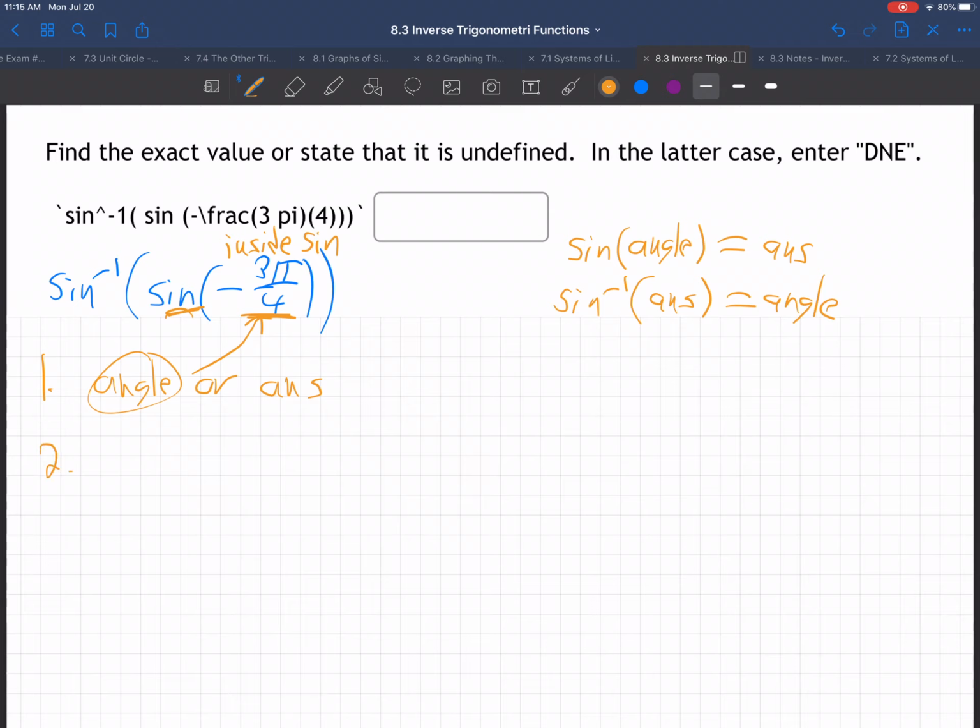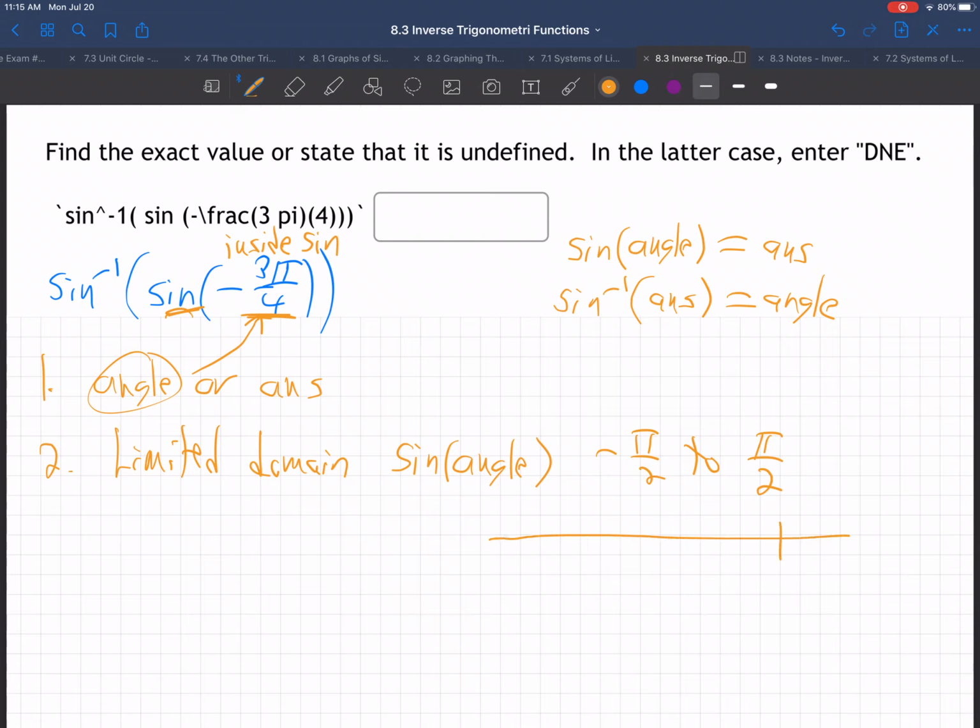Step 2, check the limited domain. The limited domain for sine of an angle is negative pi over 2 to pi over 2. You'll see that on the notes that I sent you. So is it within there?